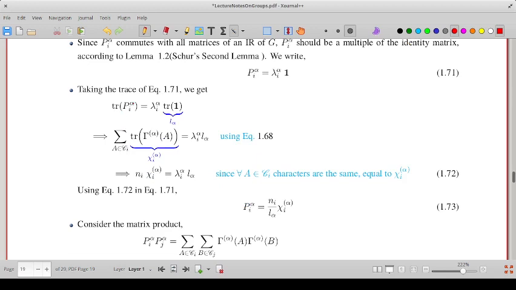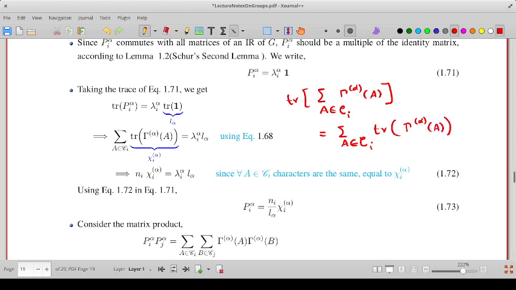Now the trace of P alpha I is simply the trace of the sum over A in the class Ci of gamma alpha A, which is nothing but the sum over A in Ci of the trace of the individual matrices gamma alpha A.